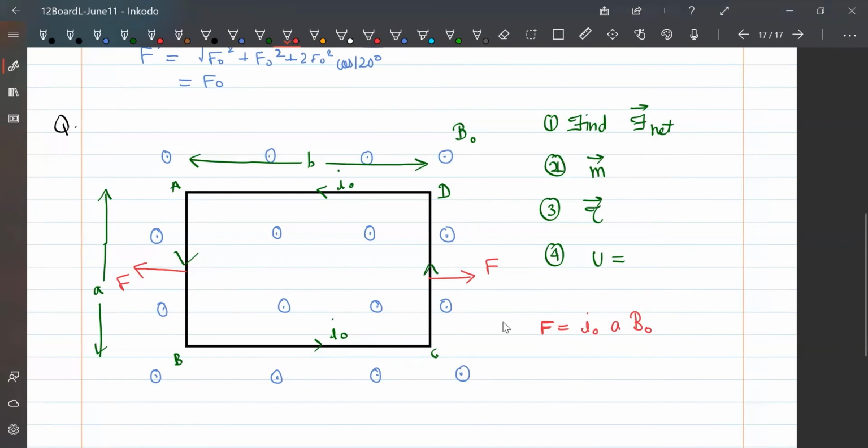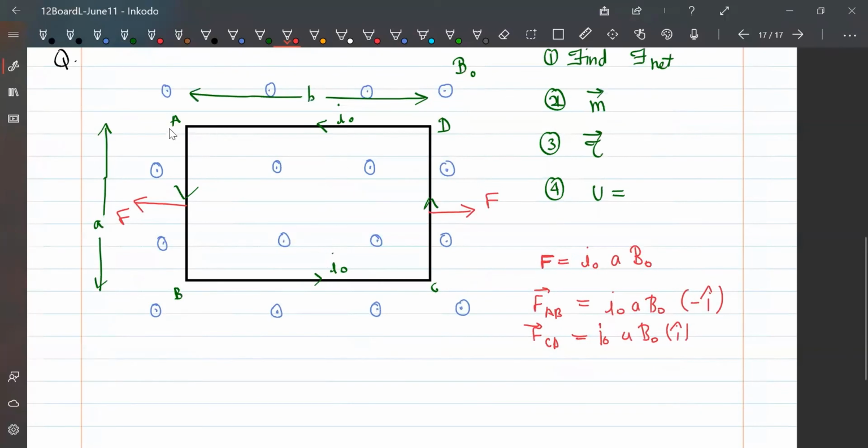So maybe you can write it like this: force on AB is I naught A B naught minus I cap, and force on CD will be I naught A B naught plus I cap.